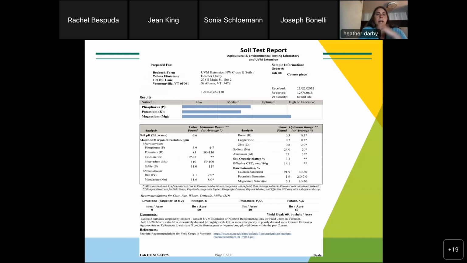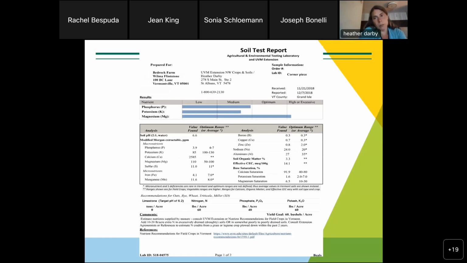All right. Okay. So taking the soil test, we talked about that, the timing, how often, all those things are really important, and filling out the form as well. All those things help to inform the lab and also the results that you will get back.